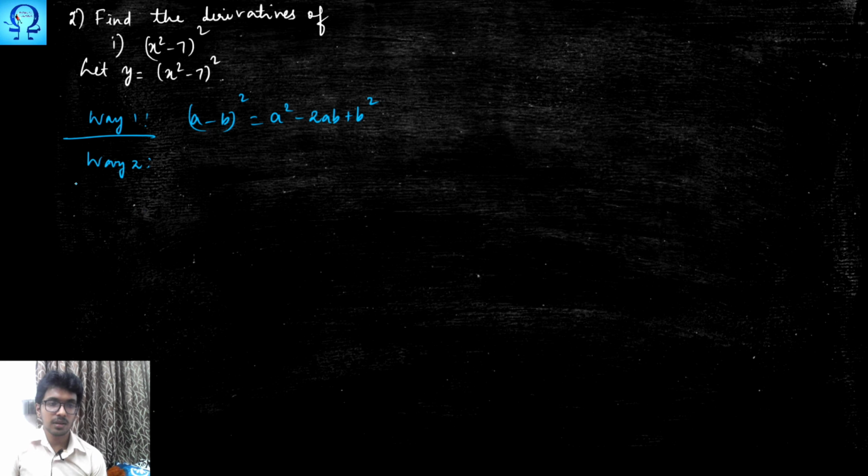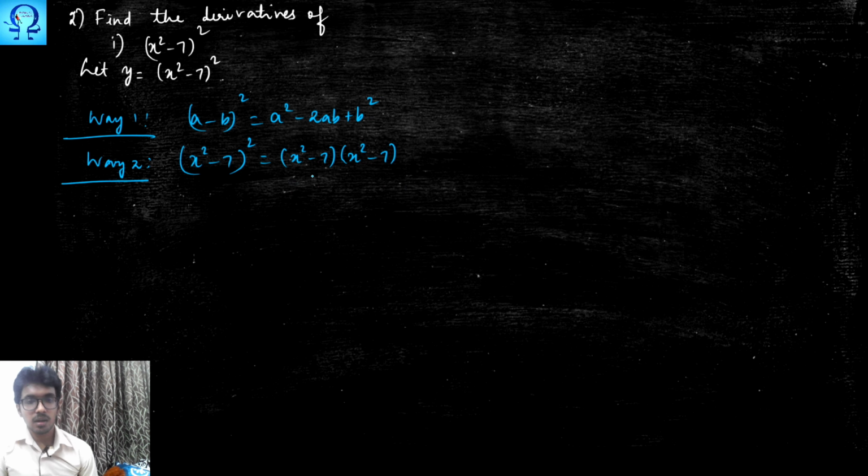The other way is you have x square minus 7 whole square, which may be treated as x square minus 7 and x square minus 7. You consider this to be your function u and this to be your function v. You may apply product rule. So there are two ways of doing it.